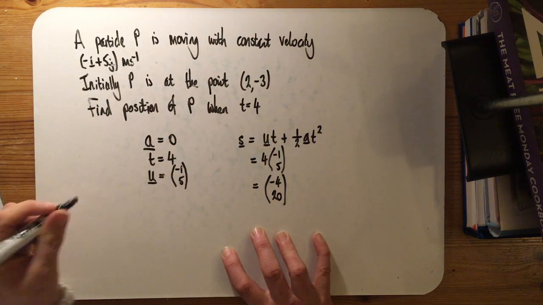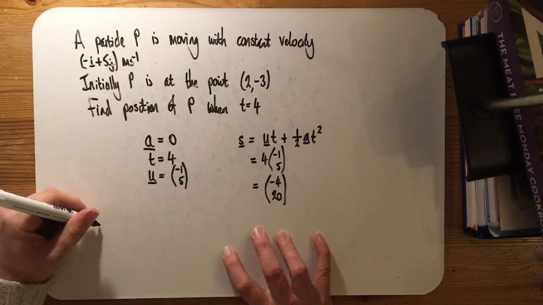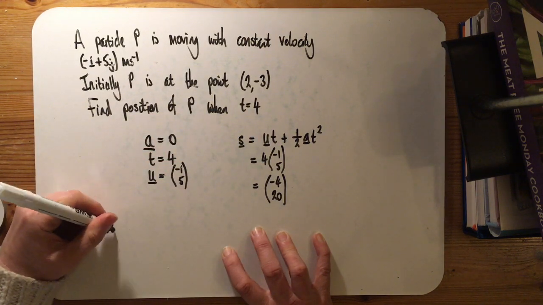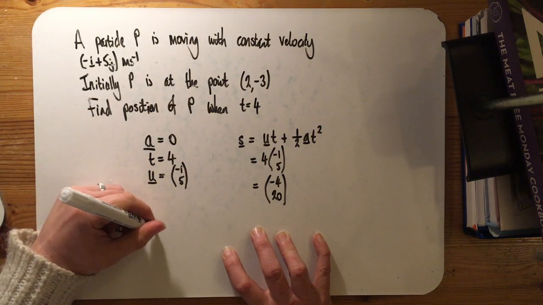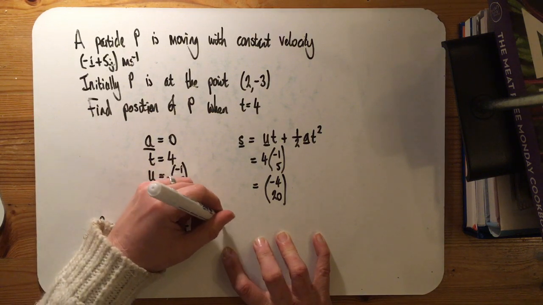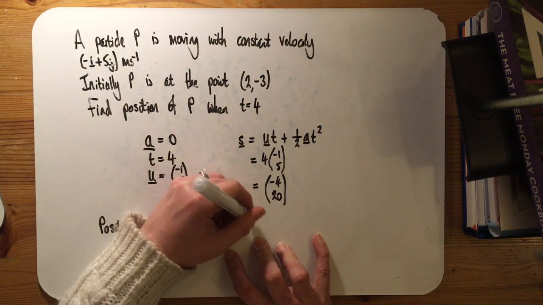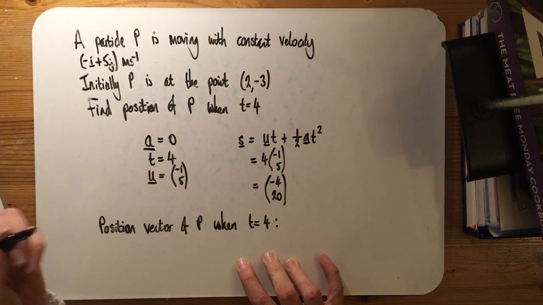The only thing to be careful with this question is that initially P is at the point (2, -3). So to find the position vector of P when t equals 4, you need to add on that initial displacement. So really exactly the same as you would with a one-dimensional question.